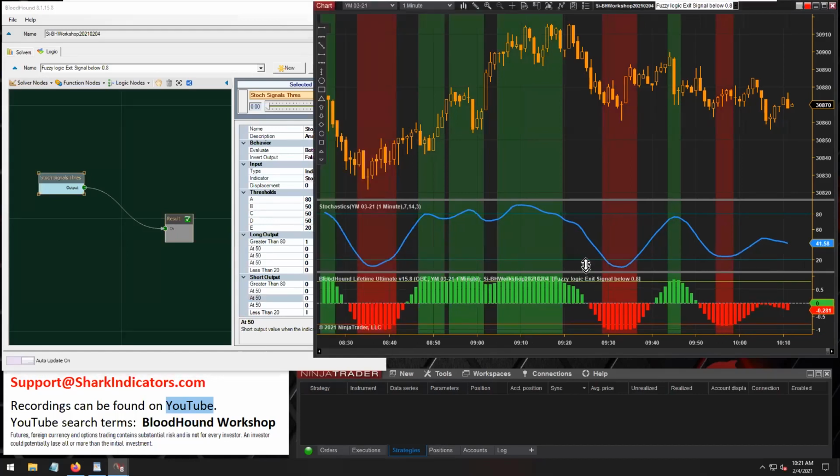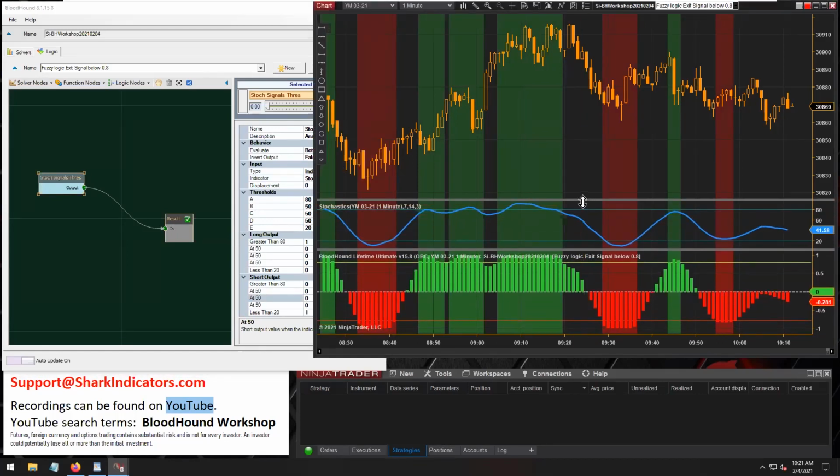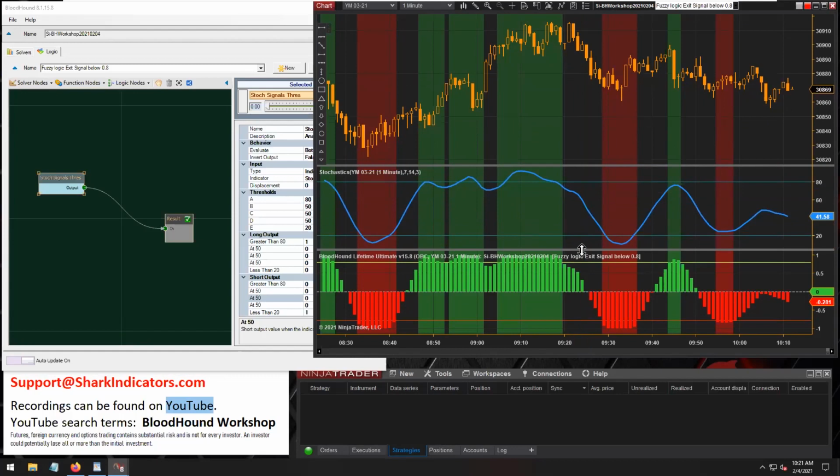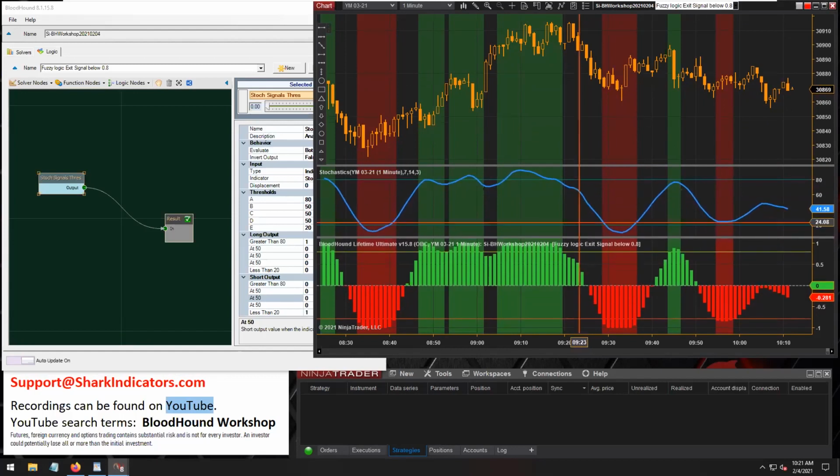So if we take a look at this, the important thing here is not the price bars, but paying attention to BloodHound's output. We can see that BloodHound's output basically has the same waveform as the stochastics, right?